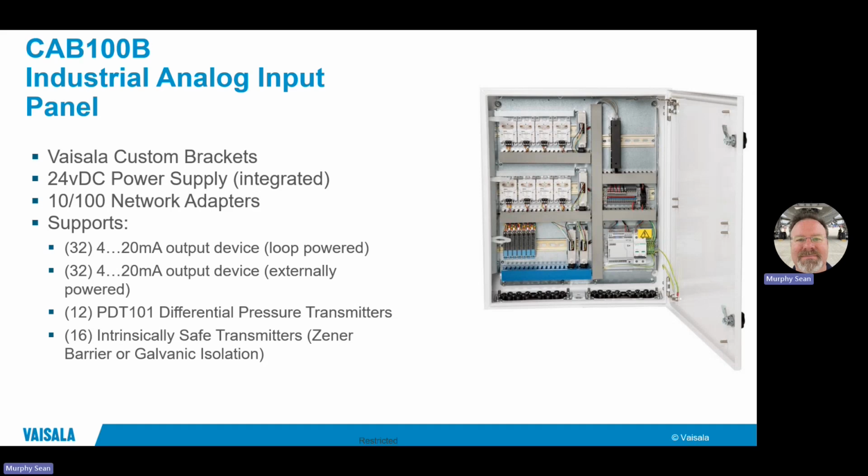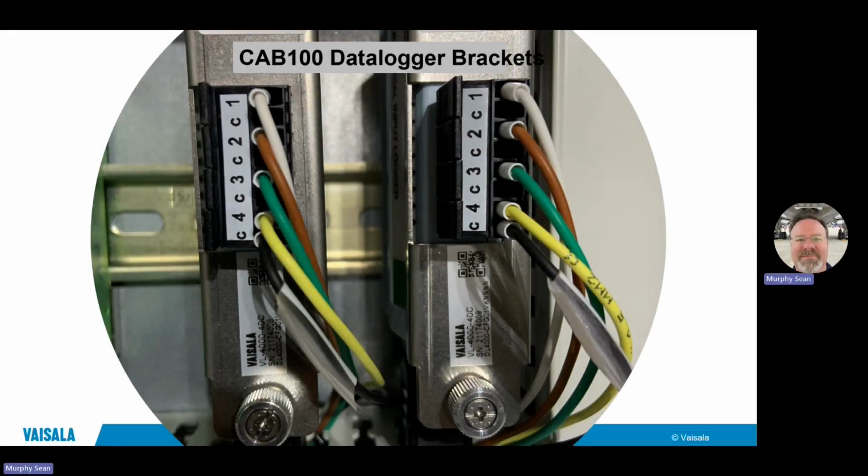The device is also capable of differential pressure transmitters, and those come factory pre-configured, and there's really no need to do any wiring when you get a panel that has transmitters already built into it. Then there's also the option for up to 16 Zener barriers, and those are specifically for our HMT 370 transmitter that's intrinsically safe. The data loggers themselves mount in brackets into the back panel of the CAB 100.